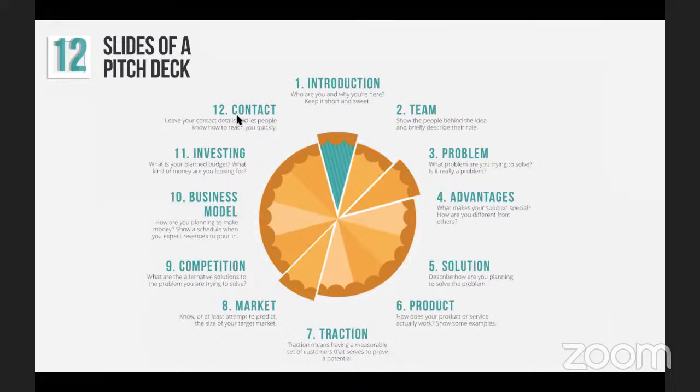Contact. This I think probably persons would overlook, because you're saying, oh, I don't need to put my contact, I can just tell them that. But what if you send your pitch deck to someone? They're just looking at a well done pitch deck, but they don't know how to contact you, or all they have for you is just an email, probably the company's email.